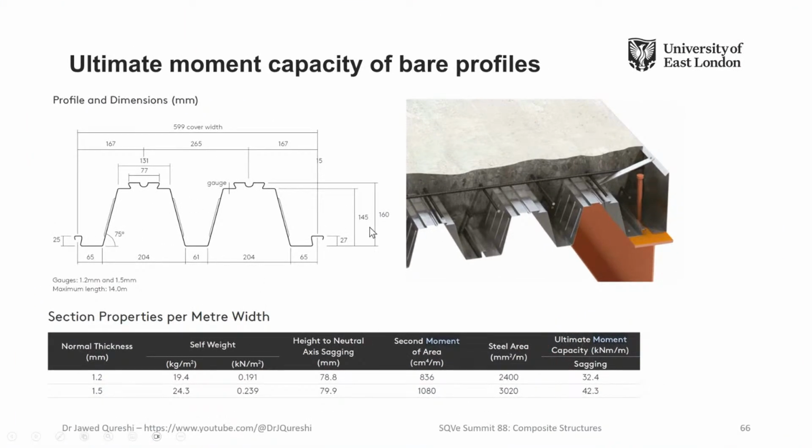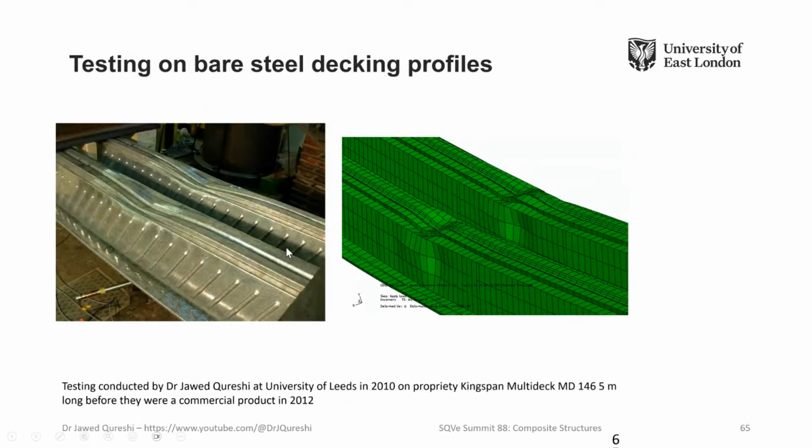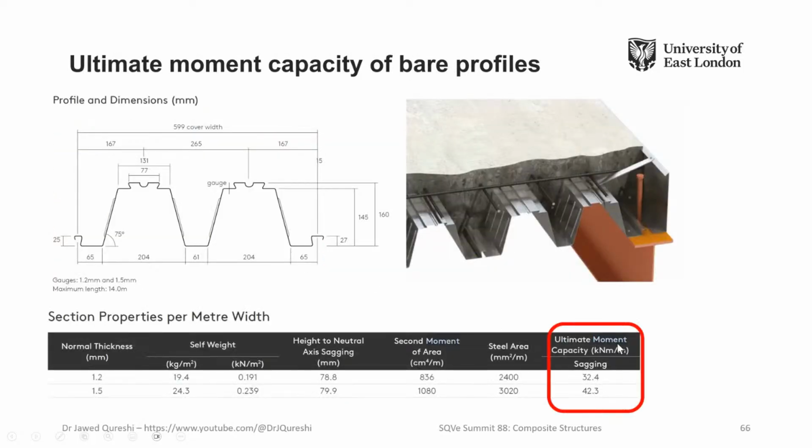In my testing, we tested 4 specimens, and off the top of my head, I just saw my documents yesterday. I saw that I worked it out as 32.8 something. So it is reduced slightly, 32.4. So that's how we determine the value, ultimate moment resistance, using testing. And most manufacturers get this testing done and then they write this over here.